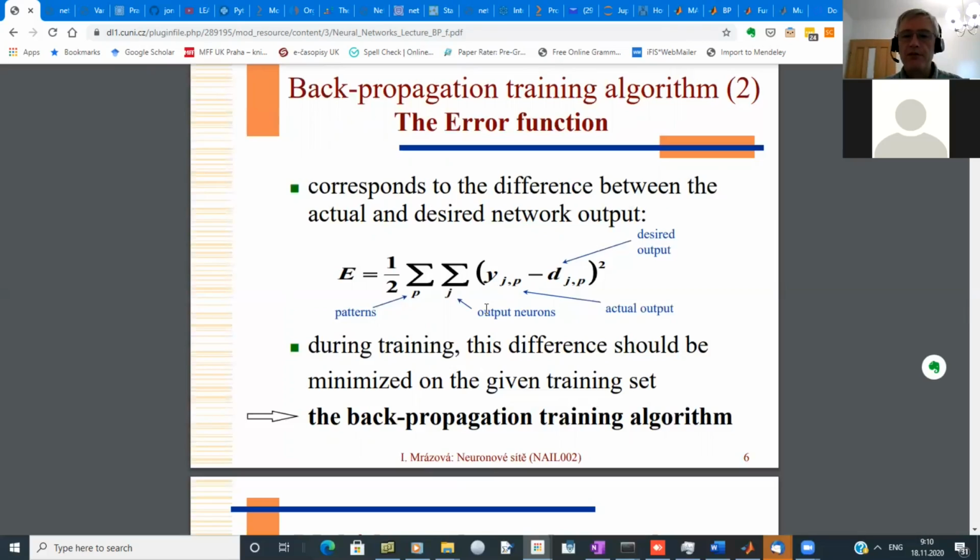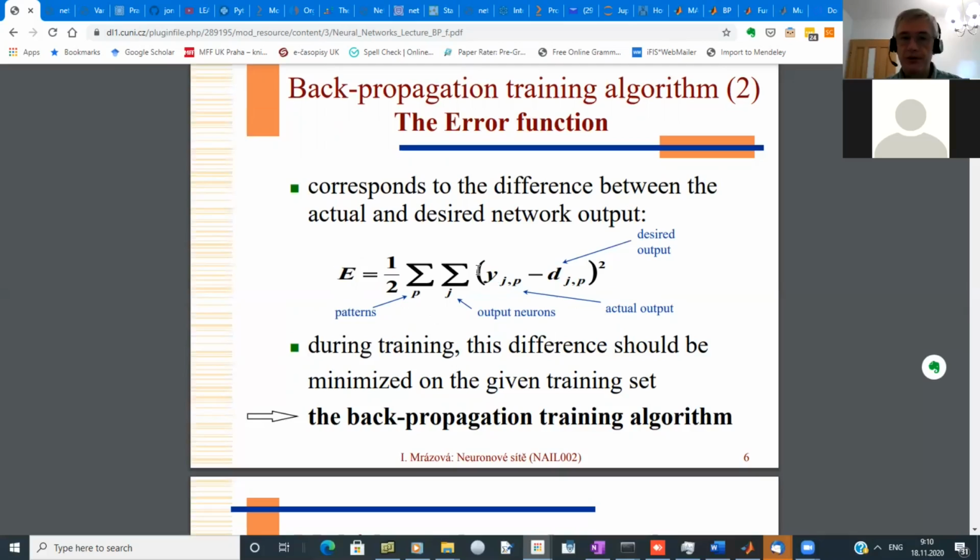The error function used in a multi-layered network is usually this one, the sum of squared differences. For each pattern, indexed by the variable p, we compute the actual output.